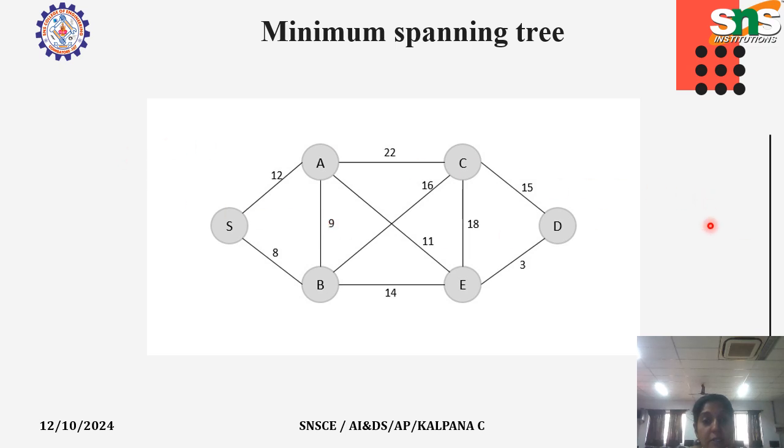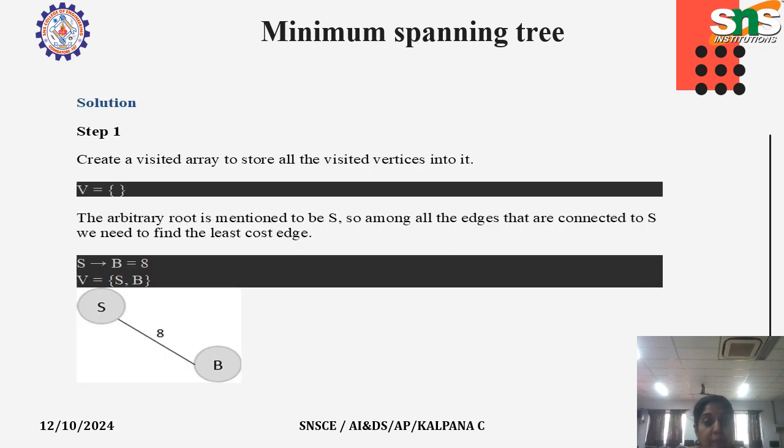So this is the graph given. We have to find the minimum spanning tree for this graph. At first, we have to create a visited array to store all the visited vertices of the graph. Here at first it is empty.